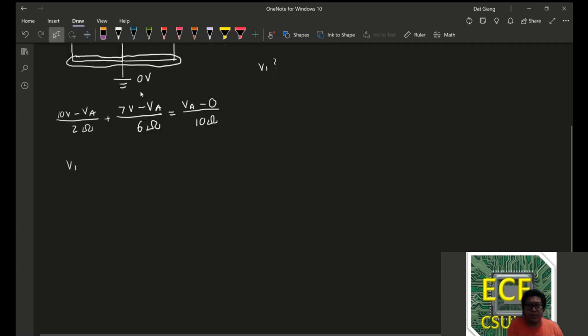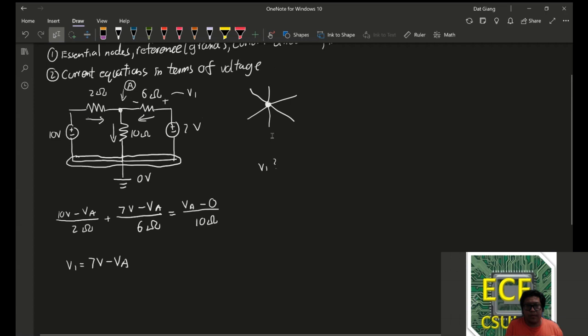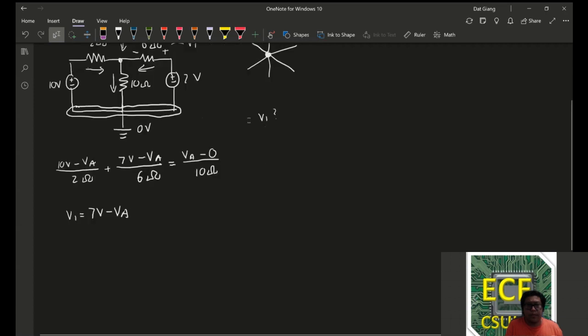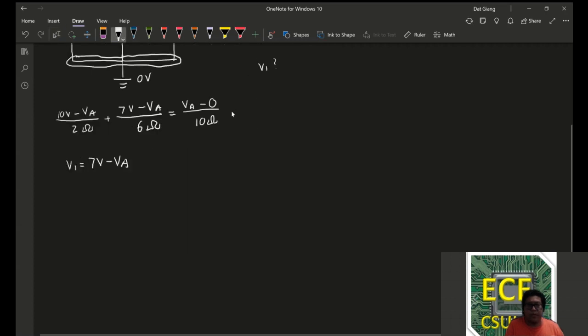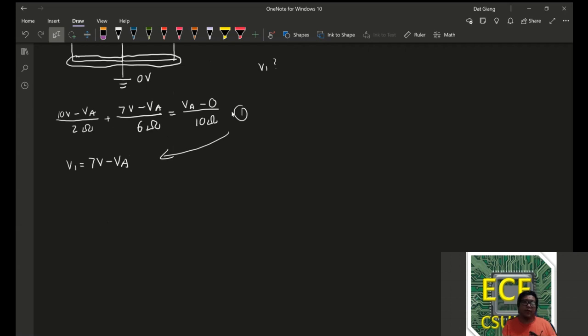So we can write that V1 is equal to 7 volts minus VA. Based on this, if we were to solve this, we'll be able to get to our answer right away. And this is the good thing about using nodal analysis. We can solve for voltages quickly by identifying nodes, and we don't have to use every single equation. Sometimes solving just one helps us find the answer very quickly.